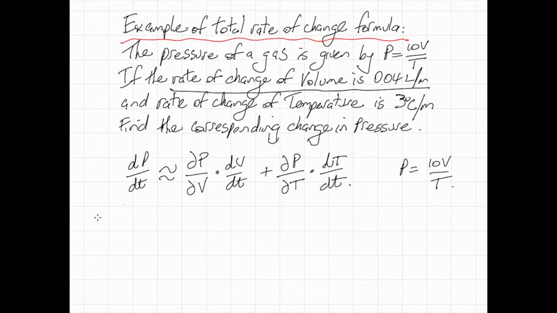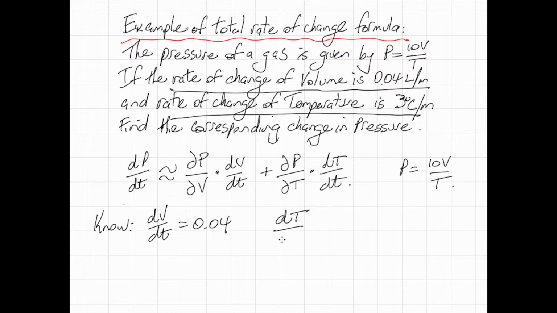So dV/dt is equal to 0.04. And we also know the rate of change of temperature.